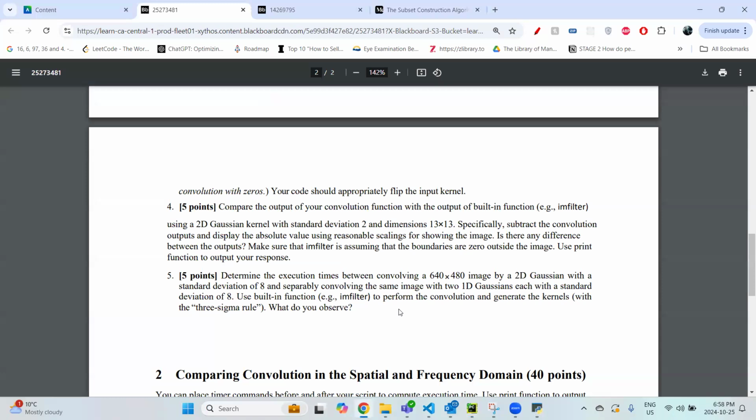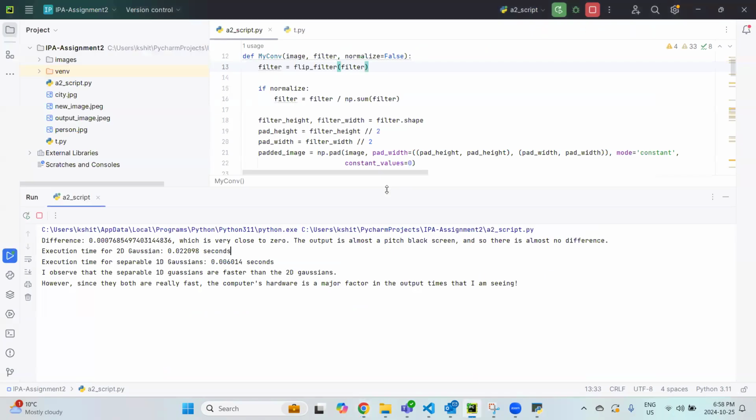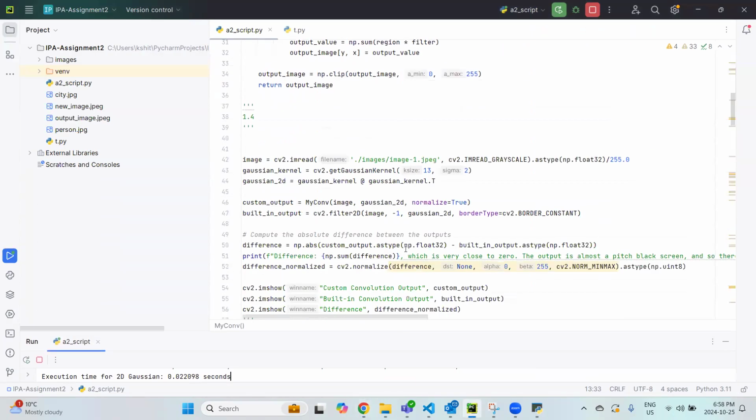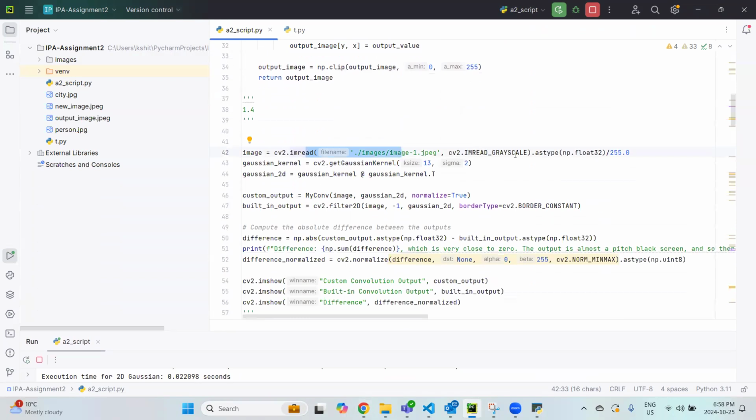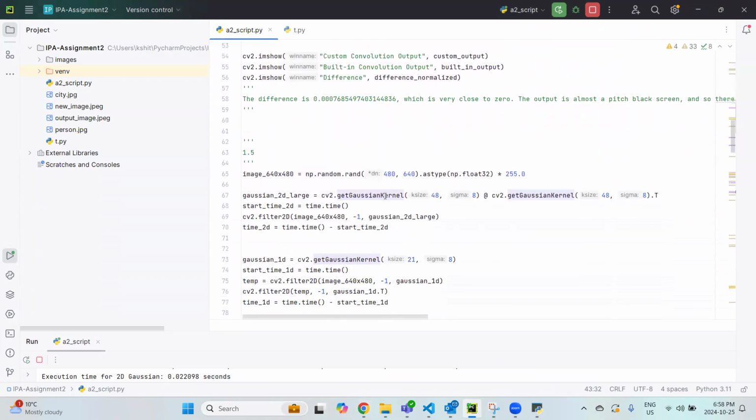The next question required me to convolve with a 2D Gaussian and then with two separate 1D Gaussians and see what I observe. Right here, that's what I did. I took in a 640 by 480 image.